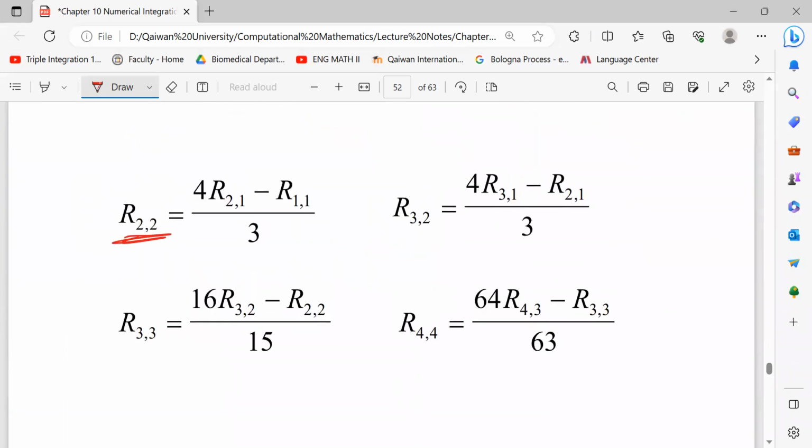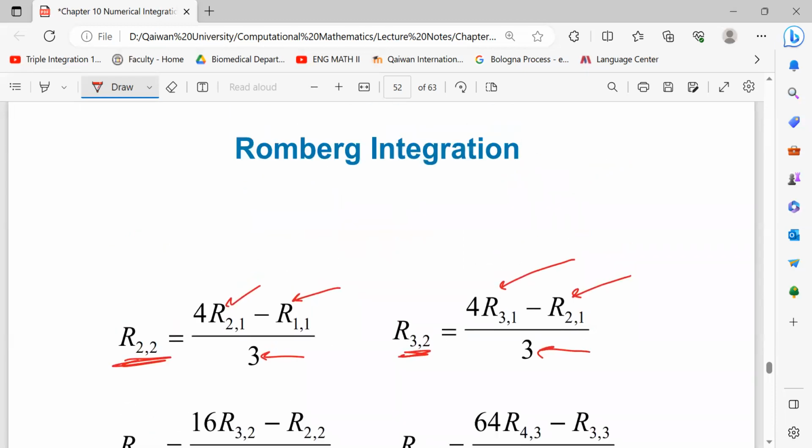R22 is 4R21 minus R11 over 3. Then R32 is 4R31 minus R21 over 3. So we need to find R11, R21, and R31 by using the above rules. R11 is H over 2 times F0 plus F1.